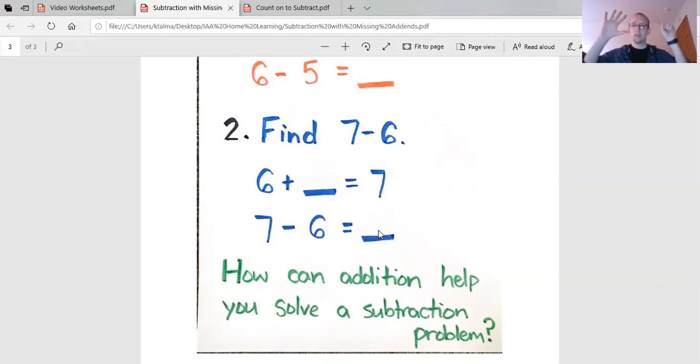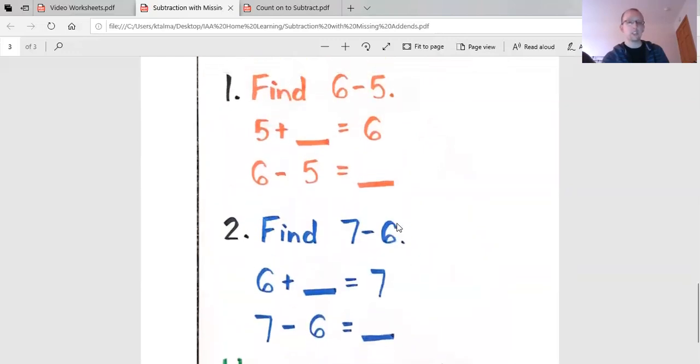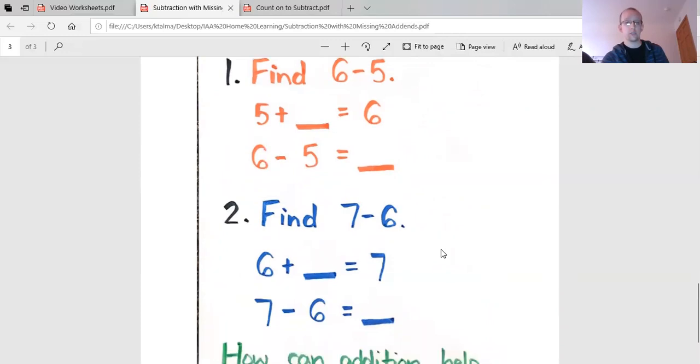Before 7 comes 6, 5, 4, 3, 2, 1. All of our fingers are down. There is one number left over. 1 is our answer. 7 minus 6 equals 1. We just used missing addend equations to help us figure out our subtraction equations.